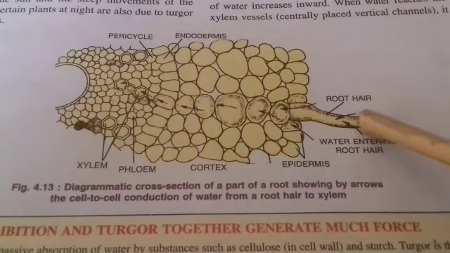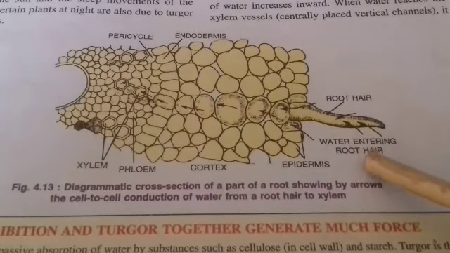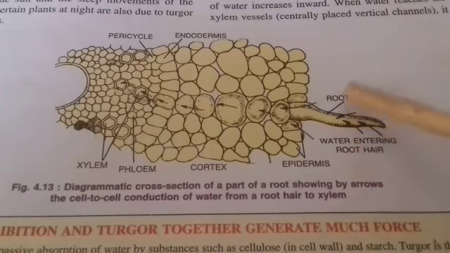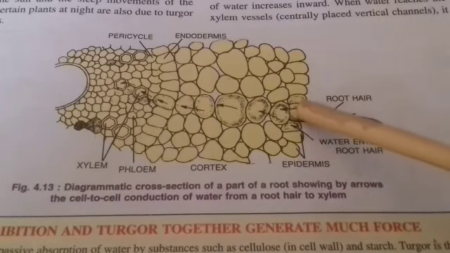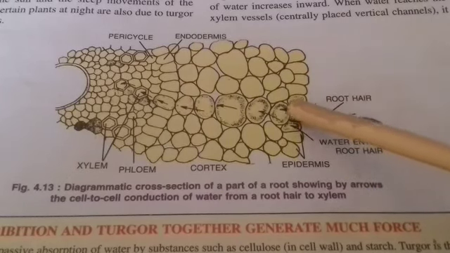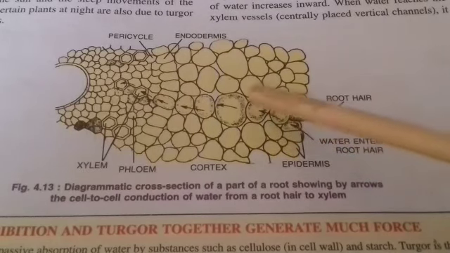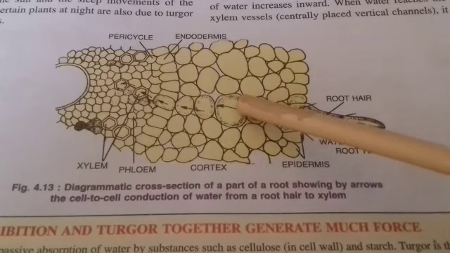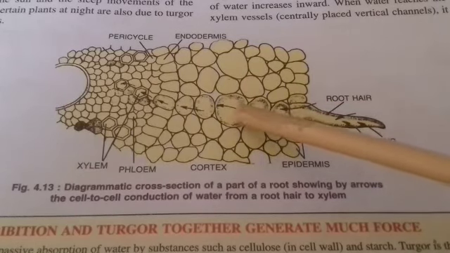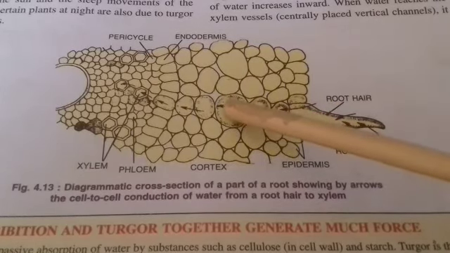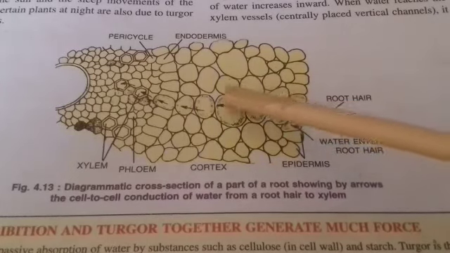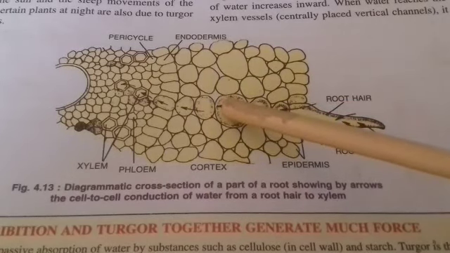So when the root hair absorbs water from the soil, water enters into the root hair and the root hair cell becomes turgid compared to the neighboring cortical cell. So water from here to here moves, or osmosis takes place, and this cell becomes turgid compared to the neighboring cell. So water from here moves to the next cell.